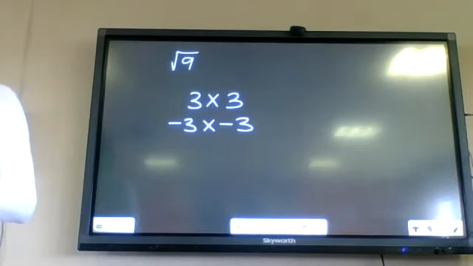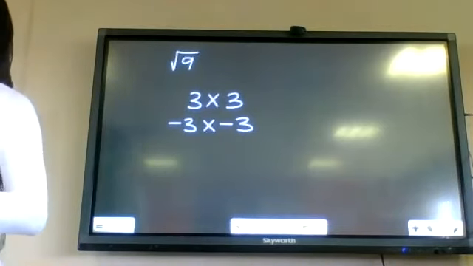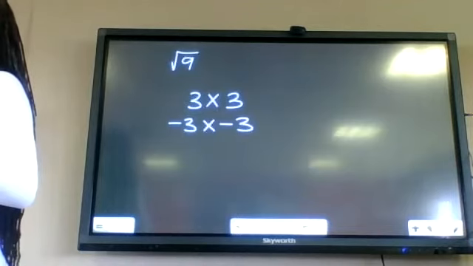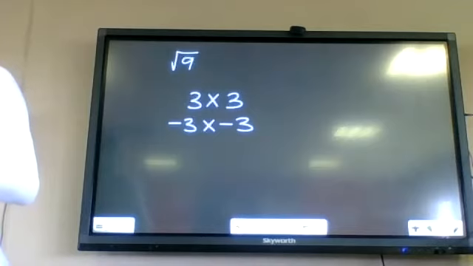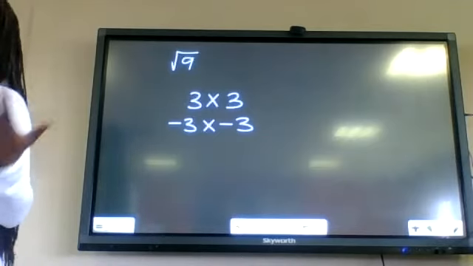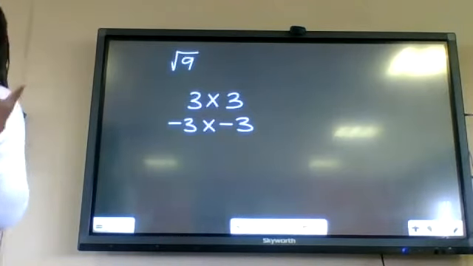When I ask what is square root, I mean which number did I multiply by itself to give 25? When I say what is the square root of 25, what am I asking you? Which number do you multiply by itself to give 25? So yes, it is either 5 or negative 5. Okay? Am I good there?